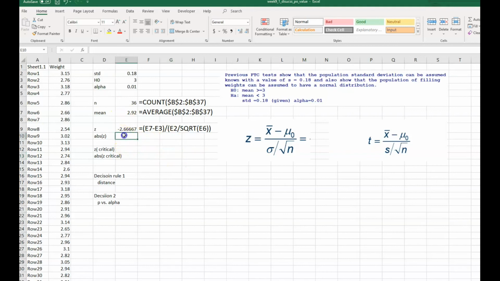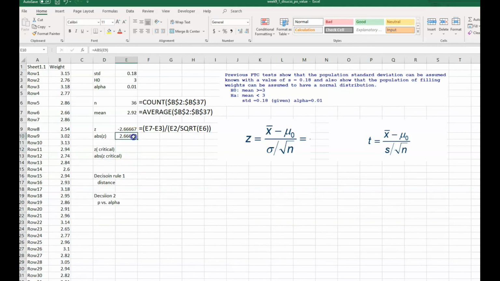So this is correct. Then we use absolute value. The textbook mentioned that if we don't consider the positive and negative value, if it's negative, we compare with the left tail. If positive, we compare with the right tail. But I still prefer to use distance. We always use absolute value.